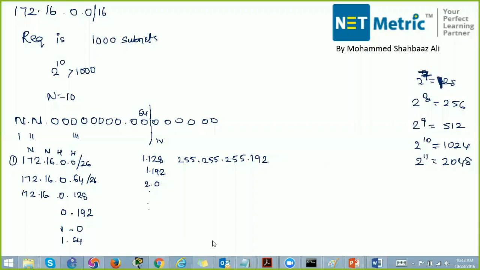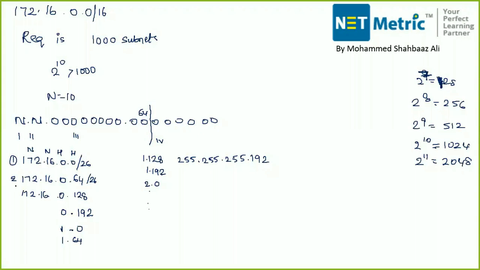Yes. So this is the first network, this is the second network, third network, fourth network. Then we want 1,000 networks. What will be the last network?